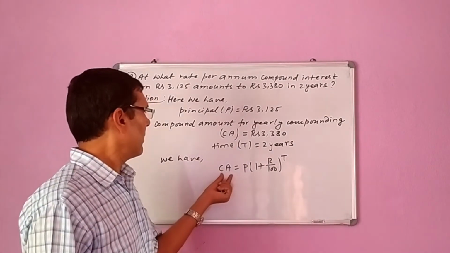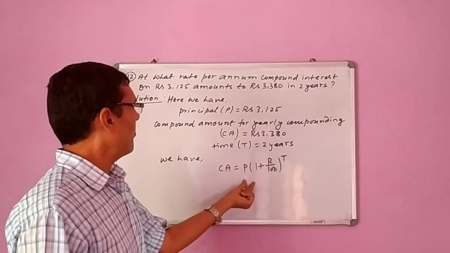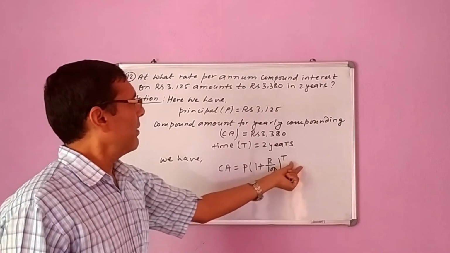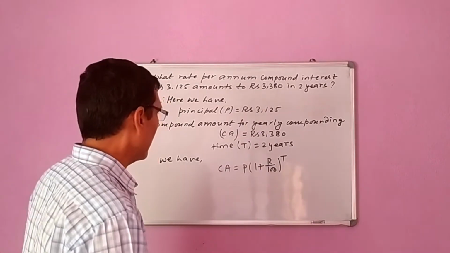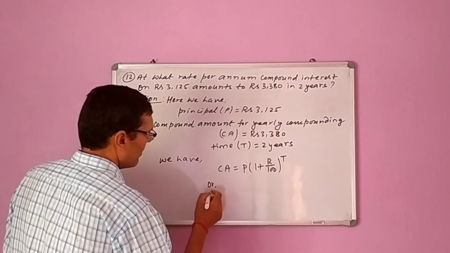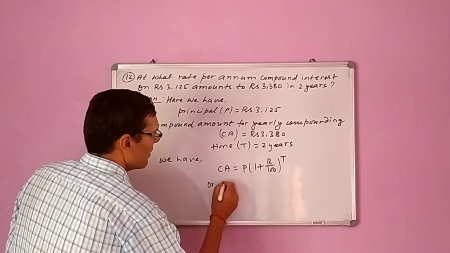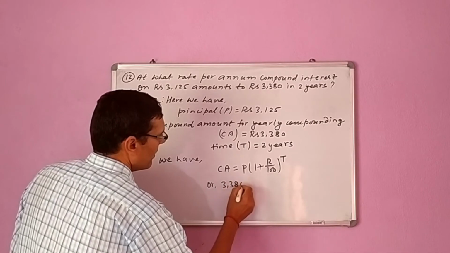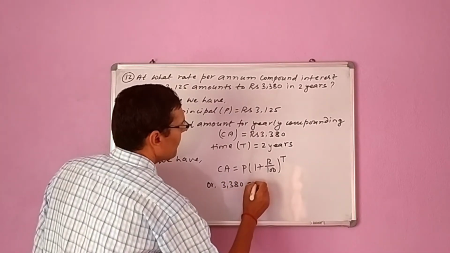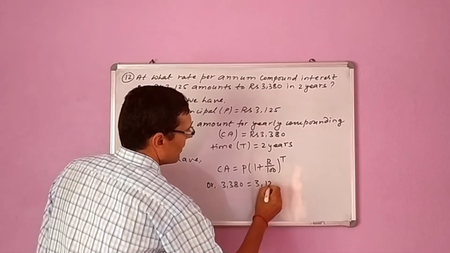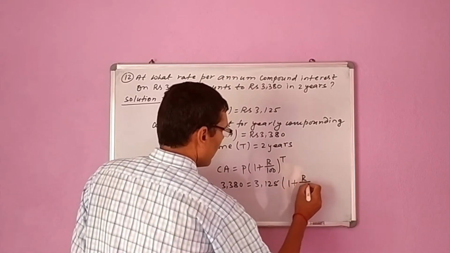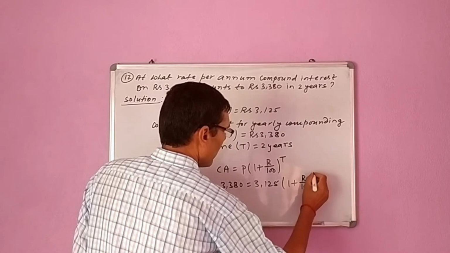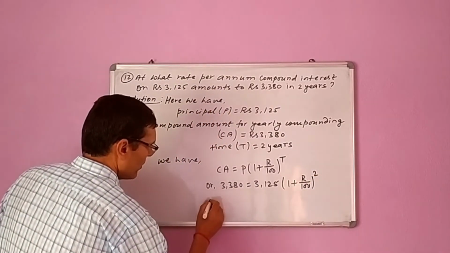As we have the value of compound amount, principal and time as well, we have to calculate the rate of interest per annum. So putting the given values here, CA 3,380, P 3,125, 1 plus R upon 100 to the power 2.